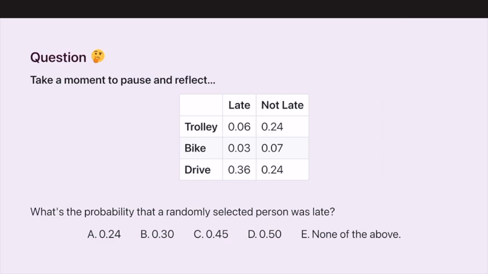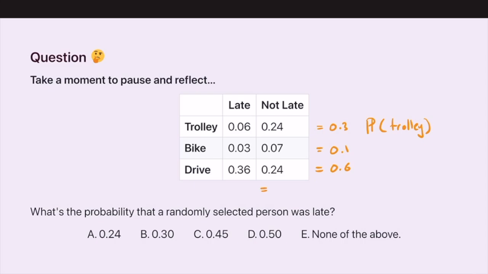Okay, let's start by summing up some of these rows and columns. So we can say that this equals 0.3, and this is the probability that a student took the trolley. This one is 0.1, and that's the probability of taking a bike. And this one is 0.6, that's the probability of driving.